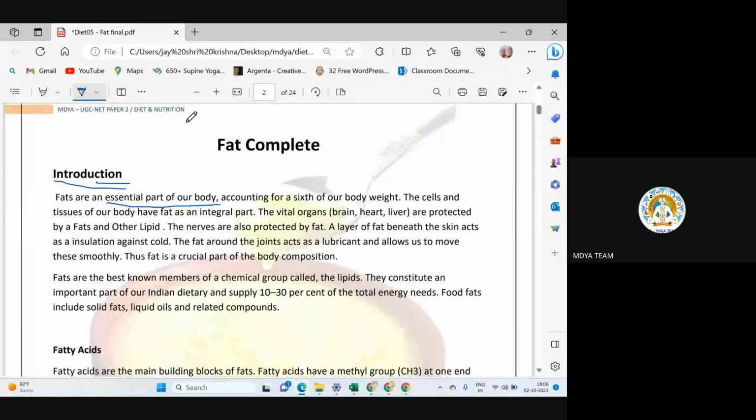Protein is the main root nutrient present in our structure, but fat mostly does both functions. Fat also provides us energy, and fat is also responsible for structural framework. That is very much energy dense.